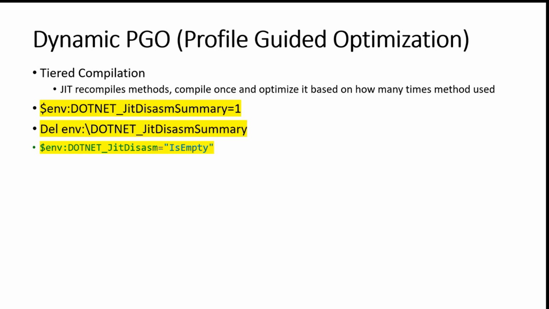That's the first one, and after that, based on how you are running, it recompiles your code on the fly and switches to the tier 1 compilation. That's going to be more efficient in memory and size, with faster execution. So that is called profile guided optimization.